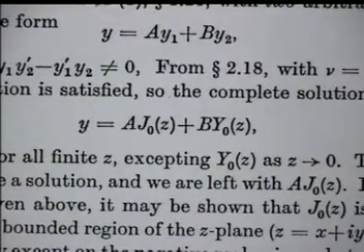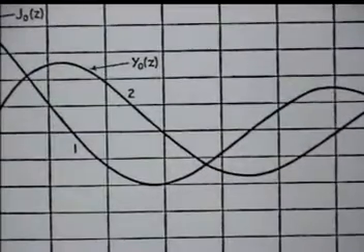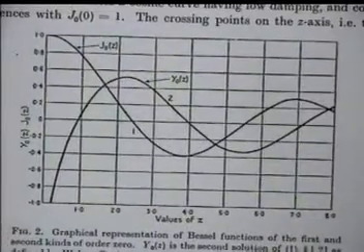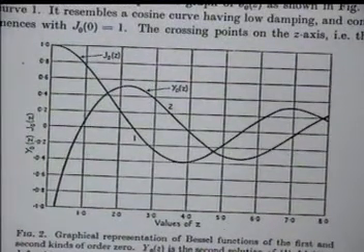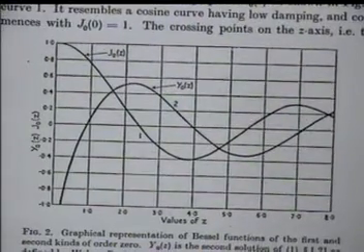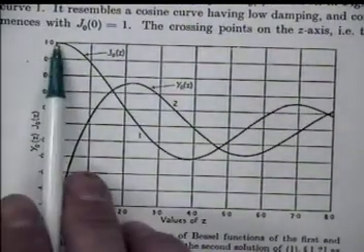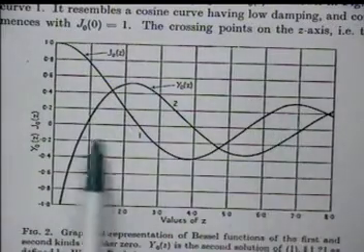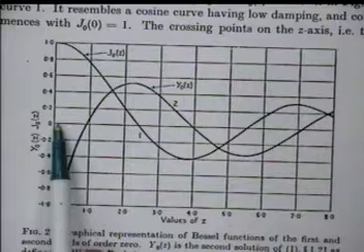Here's part of the reason. Now we're looking at just the values of J when n is 0 and Y when n is 0, and we plotted them. If you recall, we had an oscillation just like this for J, which oscillated around the 0 axis.